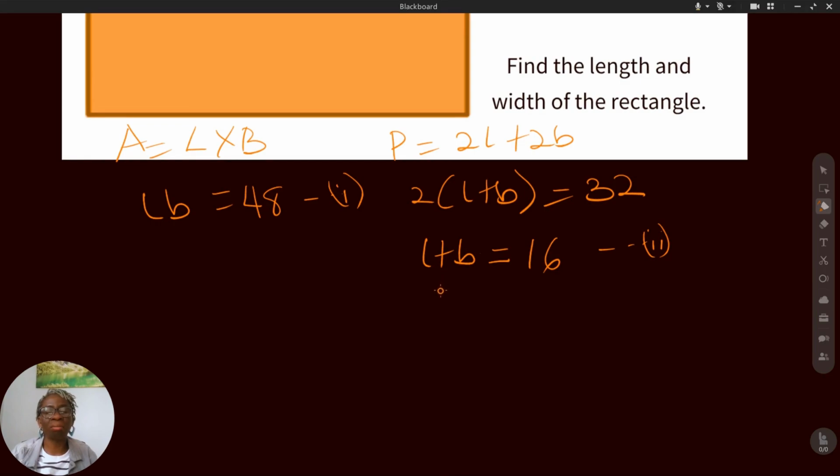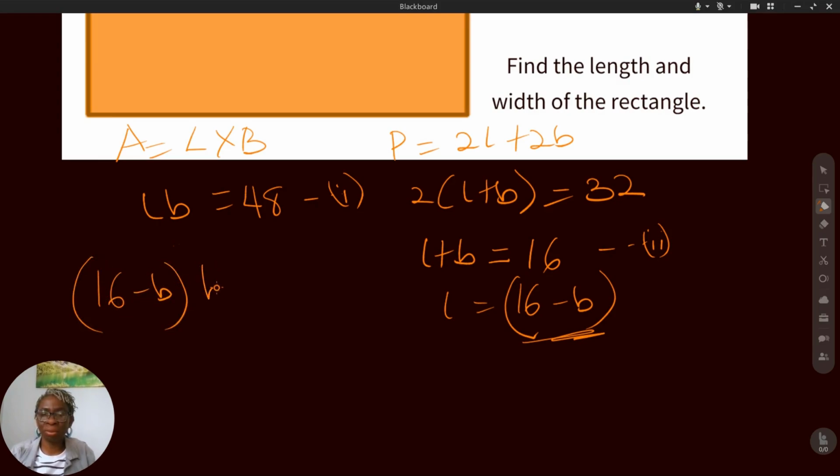Let's make maybe L the subject of the formula here, or you can decide to make L the subject of the formula here. Let's try which one will work. So let's say L will be equal to 16 minus B. So we'll substitute this in this. This means we'll be having 16 minus B, then times B will be equal to 48.